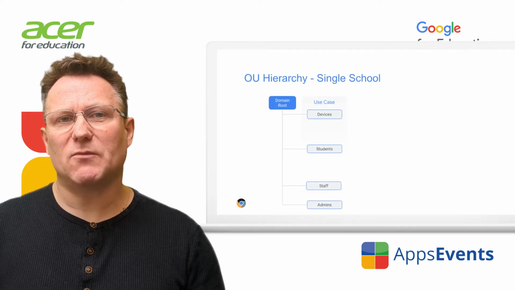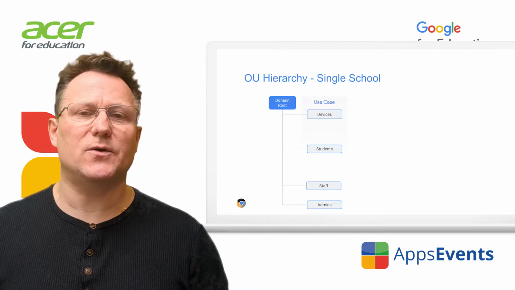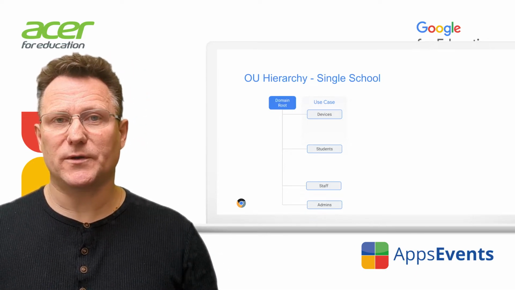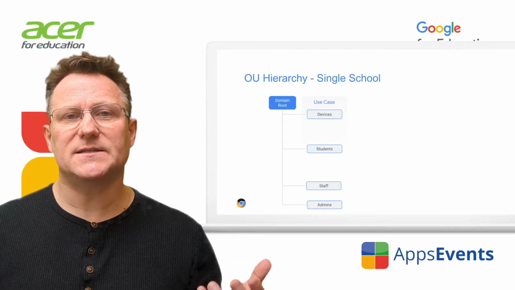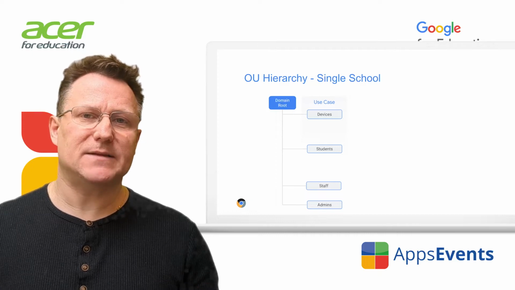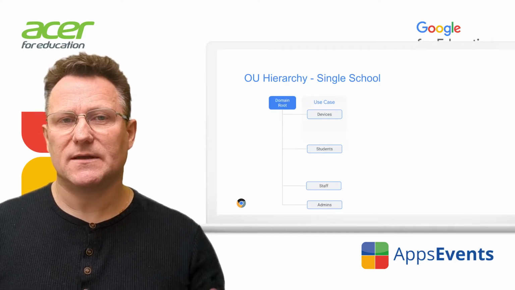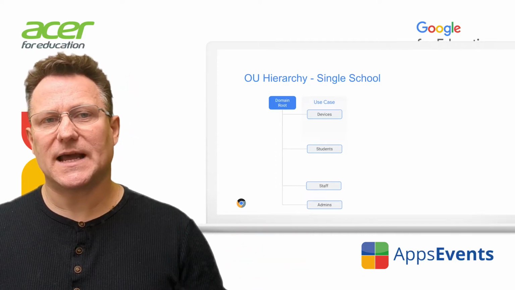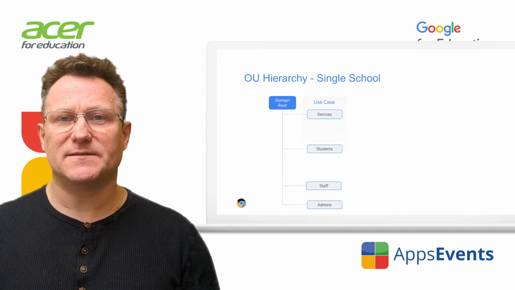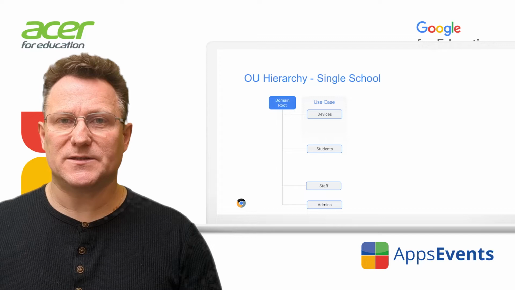An OU for a small business or school should be based on your use cases. In this example, we have just 4 OUs at the top level: devices, students, staff, and admins. This means that I can set policies for all students, all devices, or staff from the top level. I can then segment these collections of OUs or devices further based on my various uses.